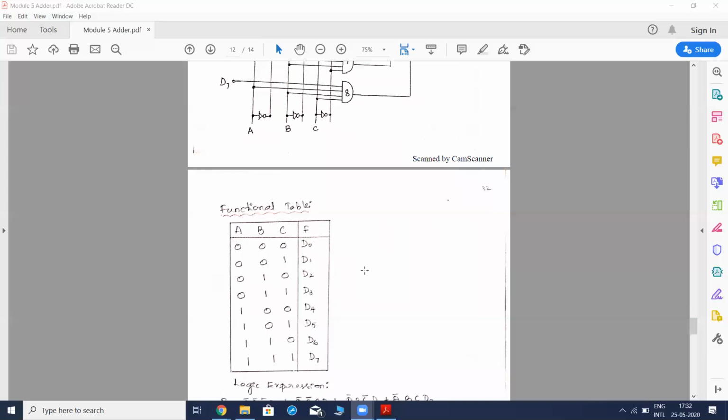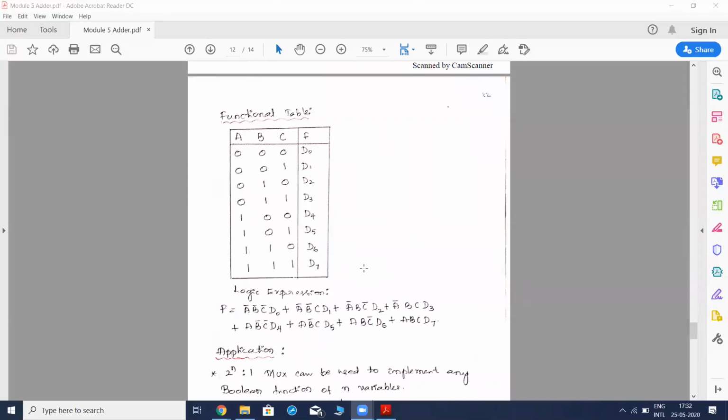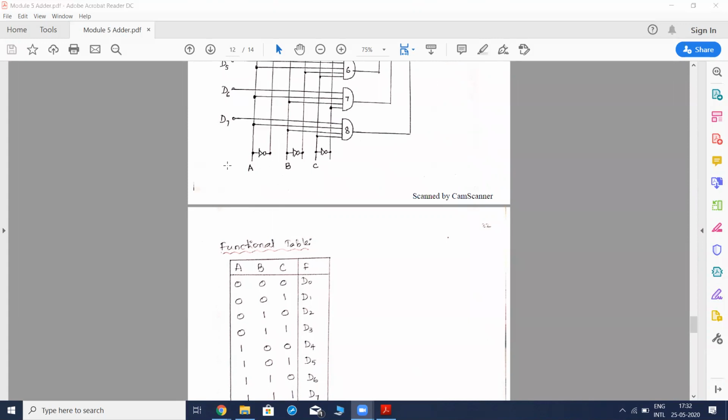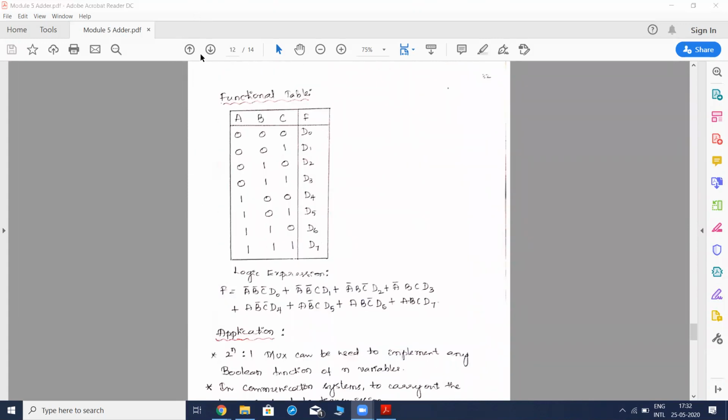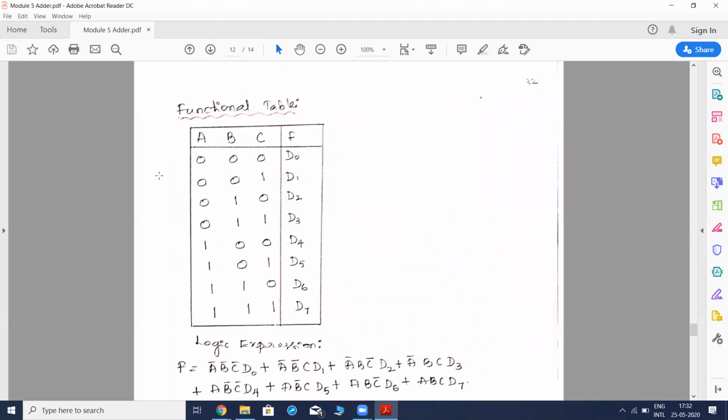Now from the functional table itself, we could write the logic expression. For the first row, we'll get 0, 0, 0. So it is A complement, B complement, C complement into D naught plus. For the second row, it is 0, 0, 1.